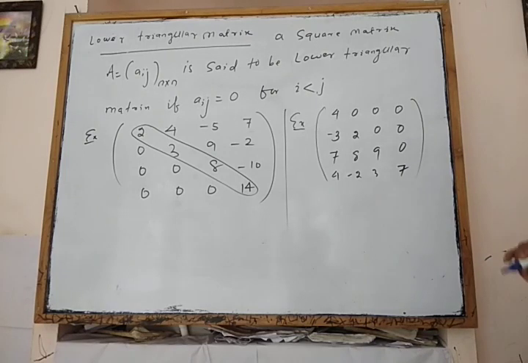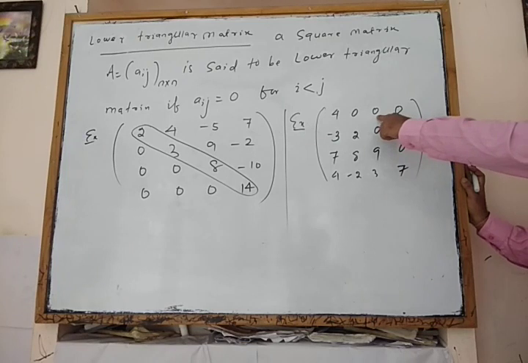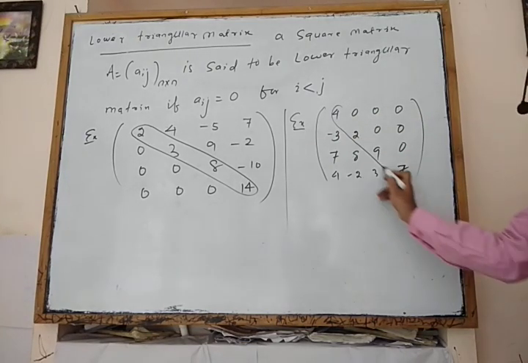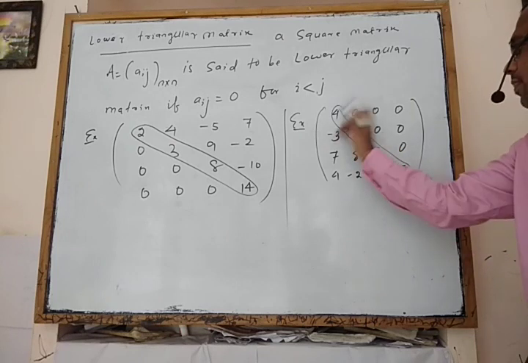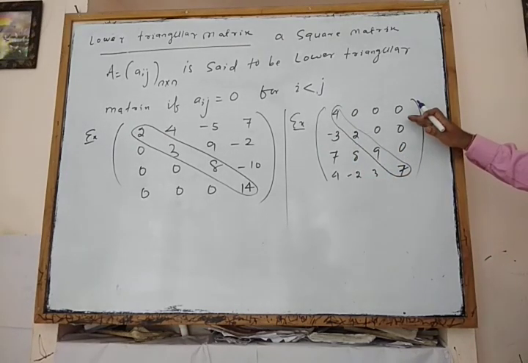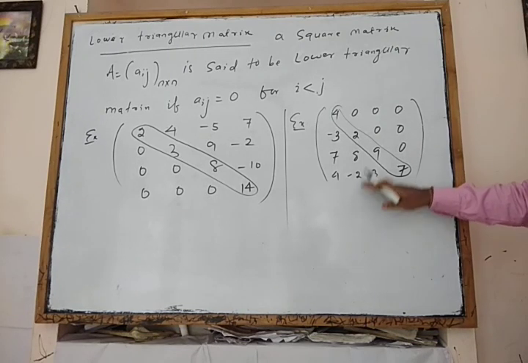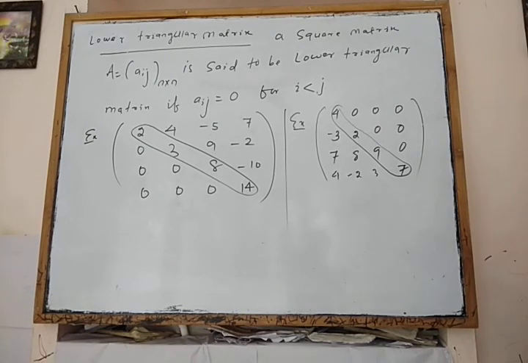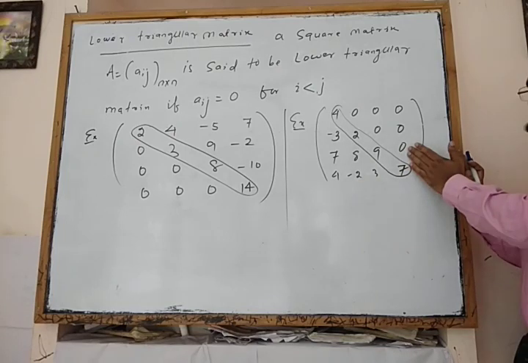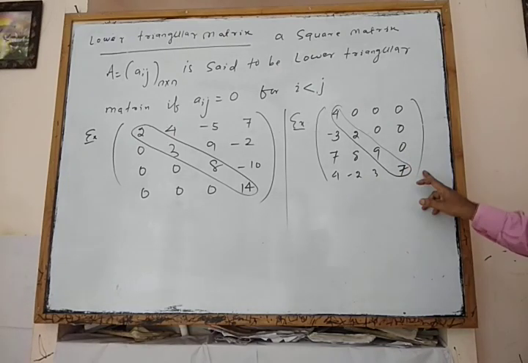This is a lower triangular matrix because all the elements above the principal diagonal are 0. If the upper part of the main diagonal is 0 and the lower part has numbers, that is called a lower triangular matrix. This is the lower triangular matrix of order 4.